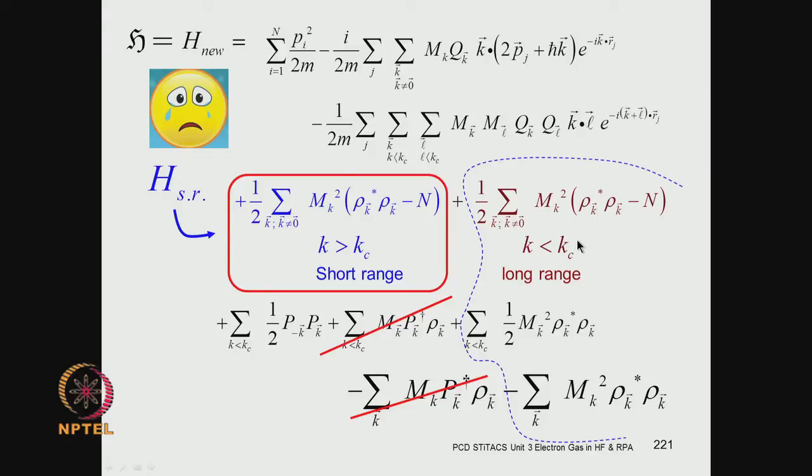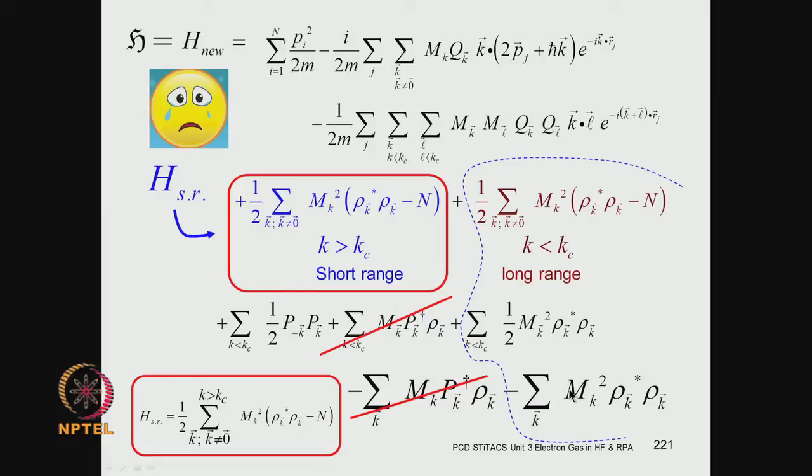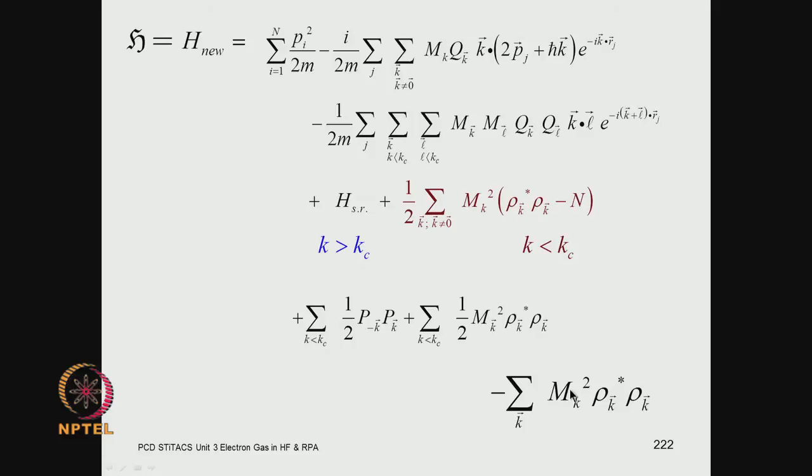Here, if you look at this term and this term and this term, okay, if you look at these three terms, you will find that they together cancel each other, because this comes with a plus half sign, this also comes with a plus half sign, and this comes with a minus sign. So, these three terms together, they cancel each other.